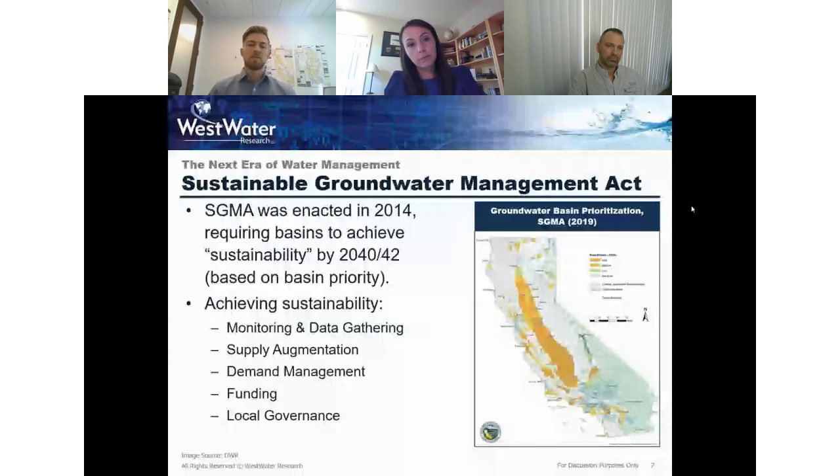Now, one thing that is really exciting is that as we move into managing and implementing SGMA, a lot of this is going to involve on the ground interaction with growers, with individual participants and entities, and SGMA has really opened up the door for democratized water management.